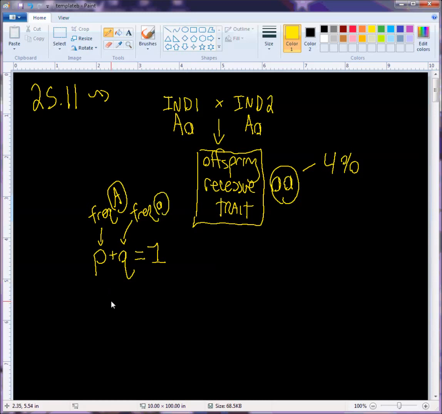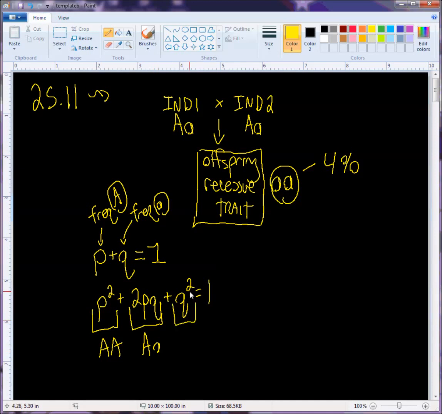So those are the allele frequencies, and then we have our P squared plus 2PQ plus Q squared equals 1, and these are going to be our genotype frequencies. So this is the frequency of the homozygous dominant genotype, the frequency of the heterozygous genotype, and the frequency of the homozygous recessive genotype, which we already know from the problem to be equal to 4%, or 0.04.